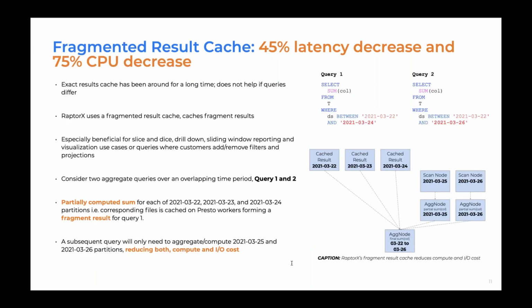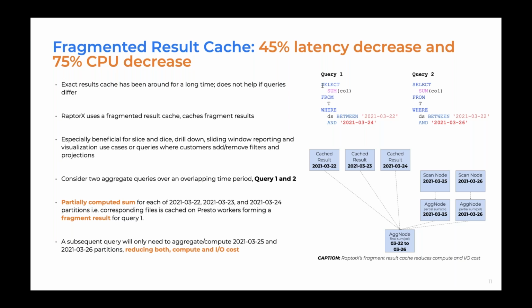The next one, the fragment result cache. Here the idea is fairly simple again. If a query plan is scheduled on the worker for a certain file split, and the same query plan is issued again on the same split, why are we wasting CPU and IO by reading the data and doing operations like aggregation and scan for the same files?